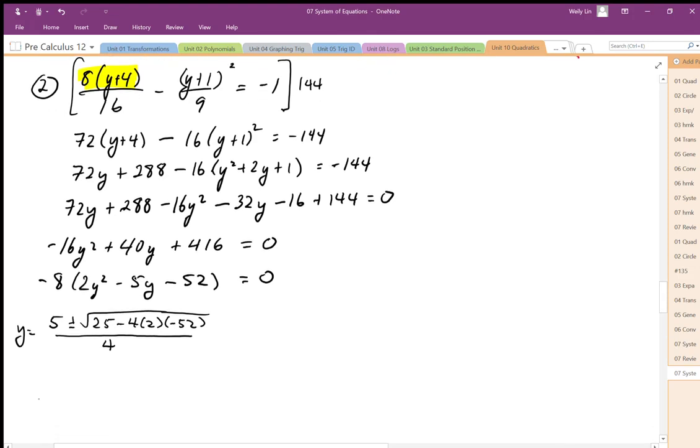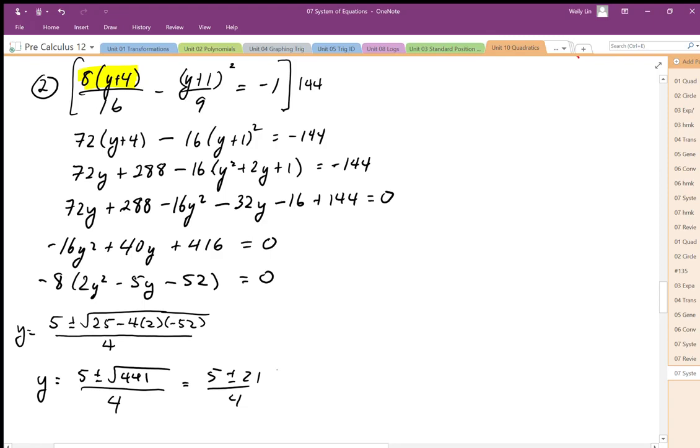So y equals 5 plus or minus the square root of 441, which works out to be a nice perfect square of 21. So this is 5 plus or minus 21 over 4.